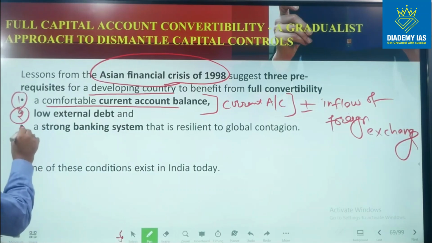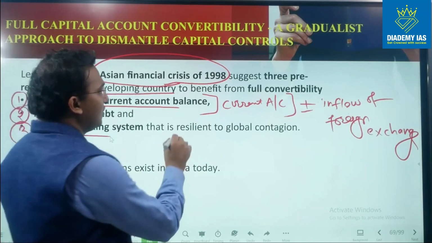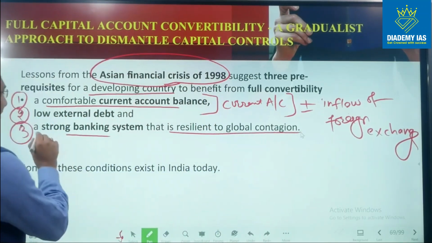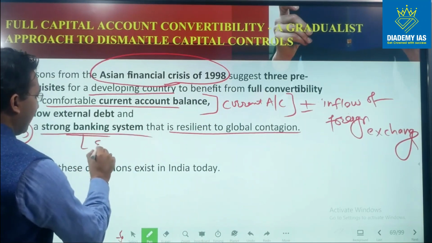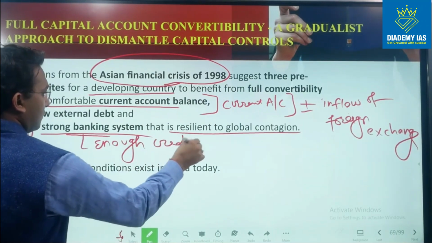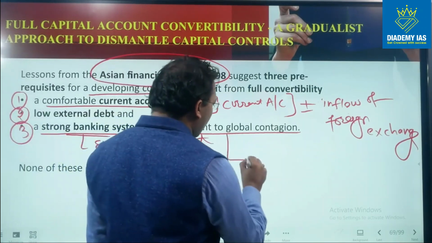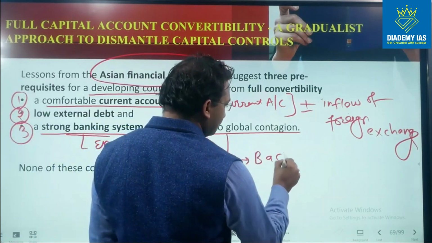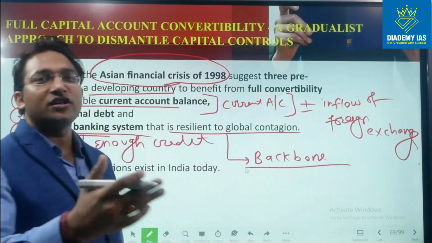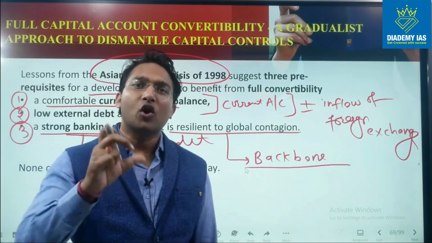Number three, a strong banking system that is resilient to global contagion, right? So we also need a strong banking system which can create enough credit, right? The banking sector is basically the backbone of the economy because it provides credit to the industries and it acts as the source of income for the common people.